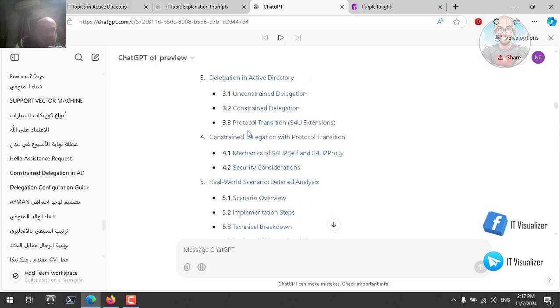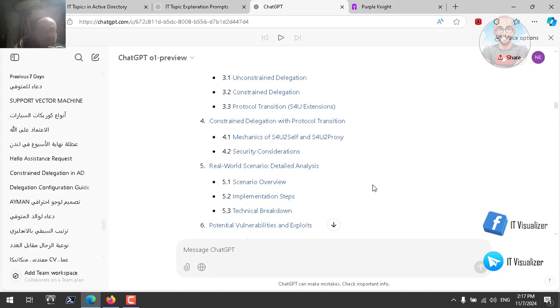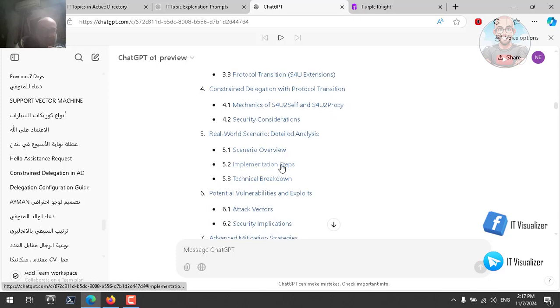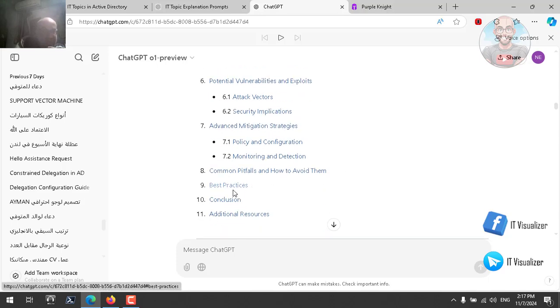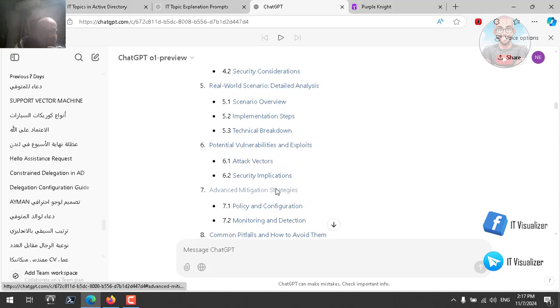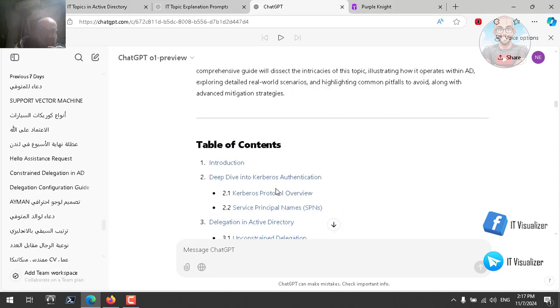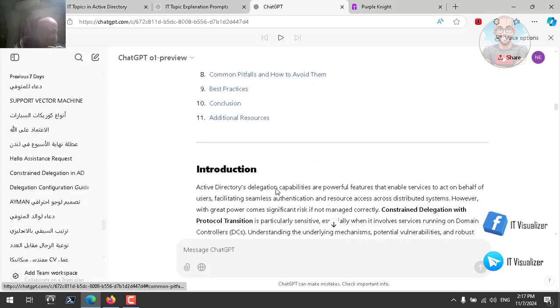Then constrained delegation with protocol transition, a real-world scenario, the overview and implementation steps, technical breakdown, potential vulnerabilities and exploits, attack vectors, security implications, advanced mitigation strategies, common pitfalls, best practices, conclusion, and additional resources. Even though this seems to be the same index as the previous one, it contains a lot of changes.